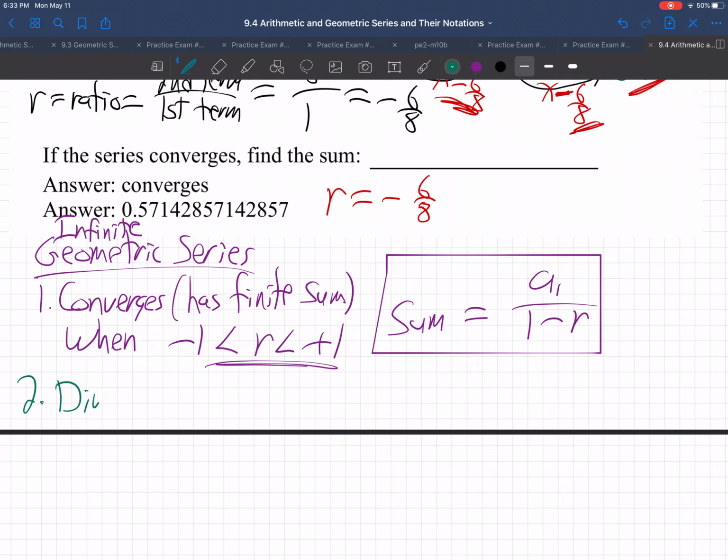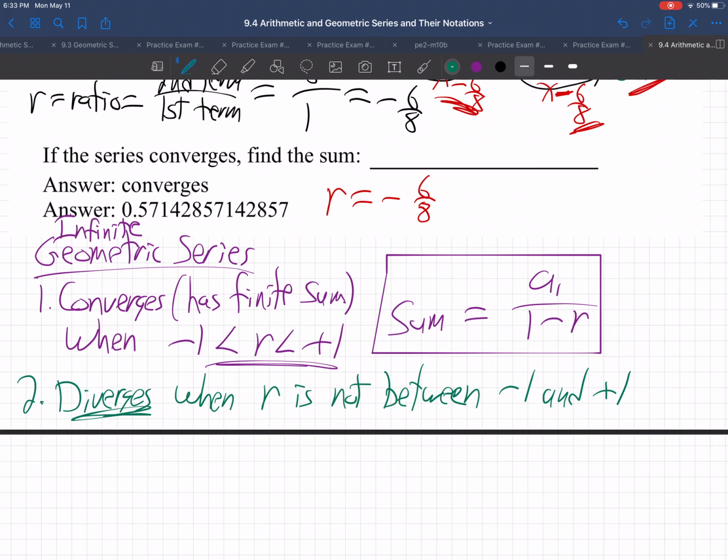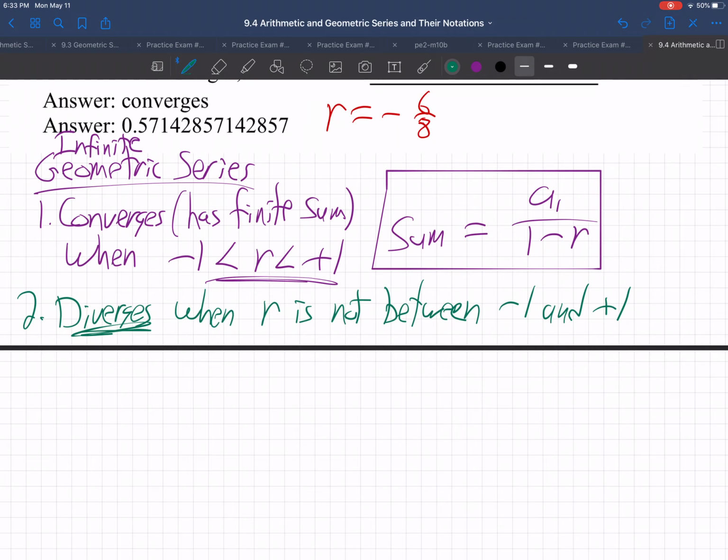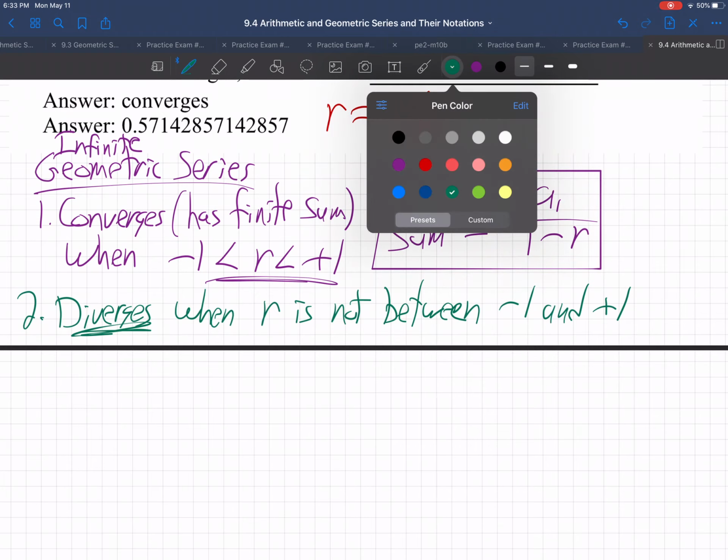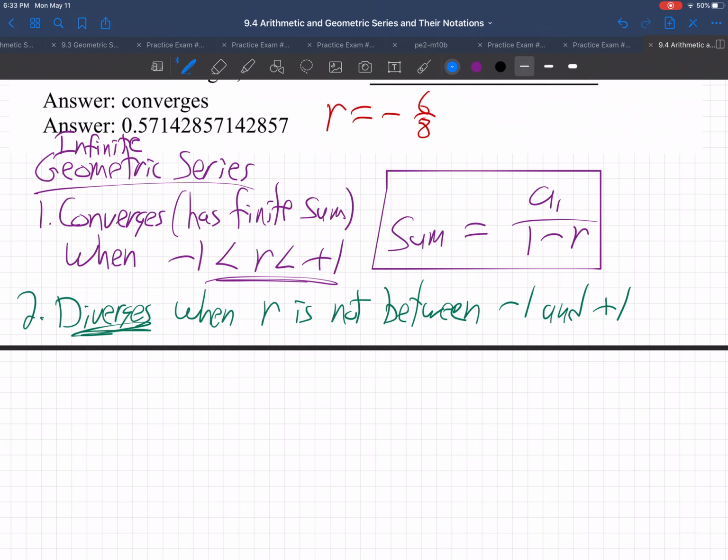It diverges when R is not between -1 and +1, meaning it goes to infinity or doesn't come to a finite sum. So what's our value? Let's check it out. If we divide under calculator, this is minus 0.75.